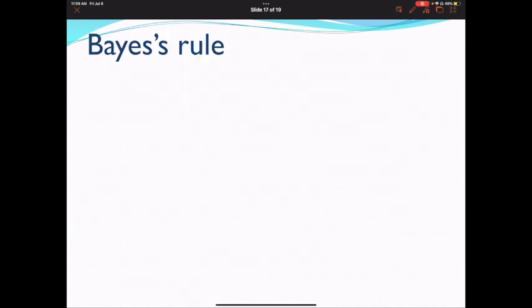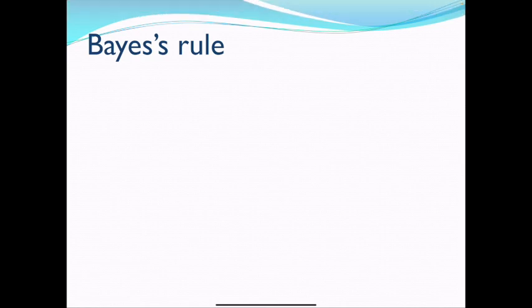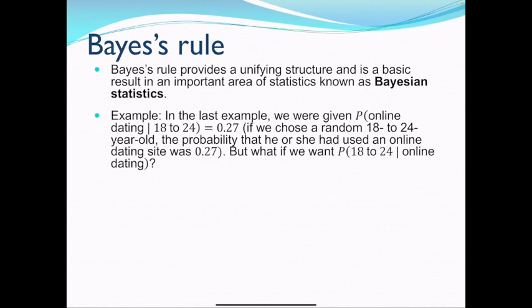The last thing we're going to discuss in this chapter is Bayes' rule. Bayes' rule provides an important unifying structure and is a basic result in an important area of statistics known as Bayesian statistics. Thinking about the last example, the probability of online dating in 18 to 24-year-olds was 27%.